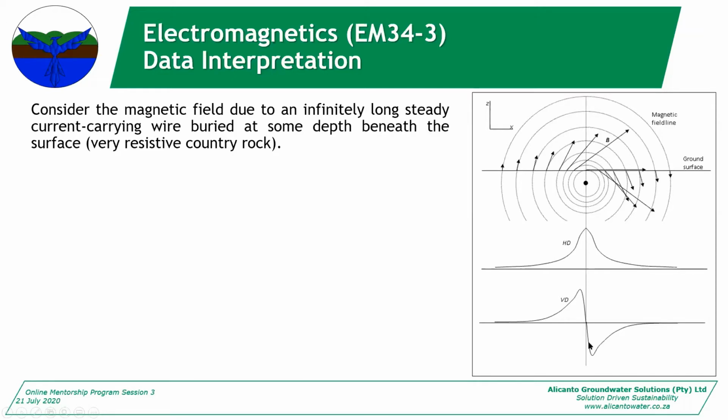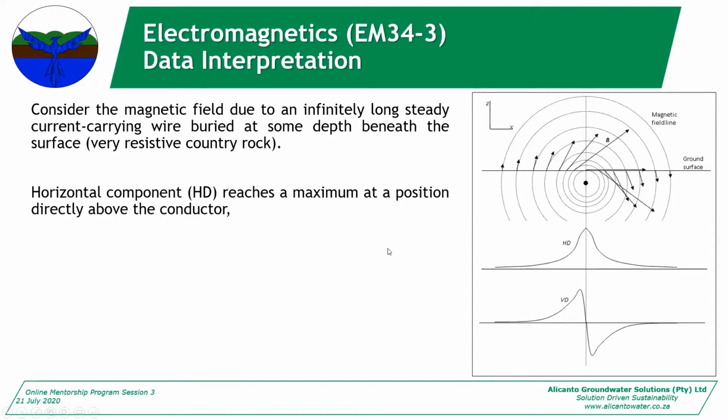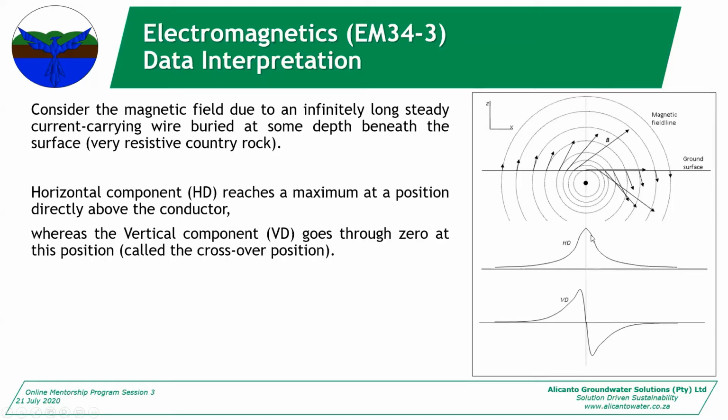It crosses at 0, goes down an equal amount to what it went up, and then it comes up again. So it's a symmetrical type of anomaly. The maximum position on the horizontal, like I said, is above your conductor. On the vertical, the crossover position is at the conductor.